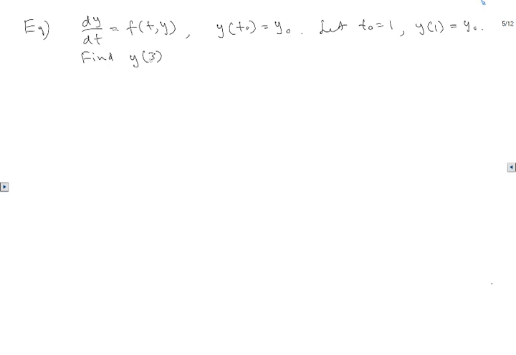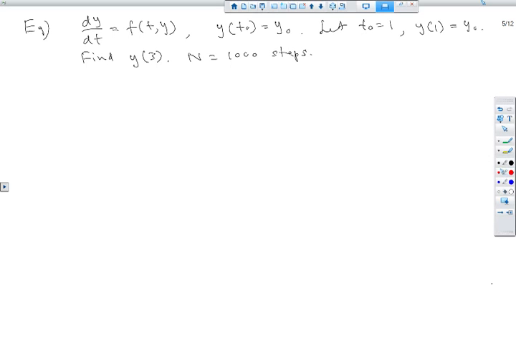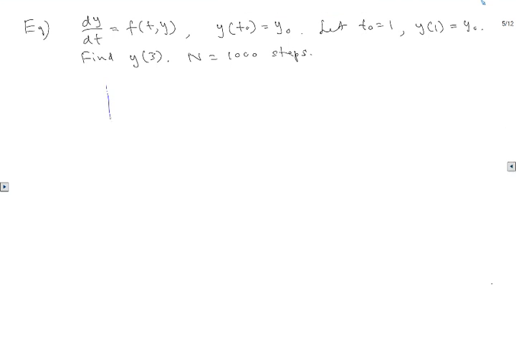You are not given how many steps you want. So let's say n equals 1000. You're going to go with 1000 steps. The more the better. Okay? 1000 steps. So what does the situation look like now? Let's look at the corresponding graph just to get the idea.